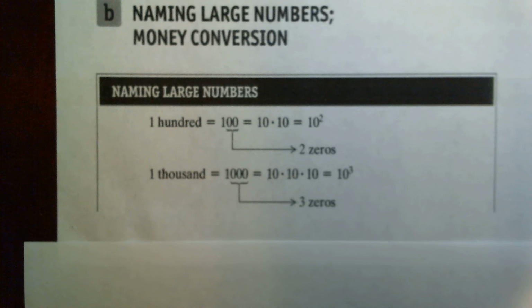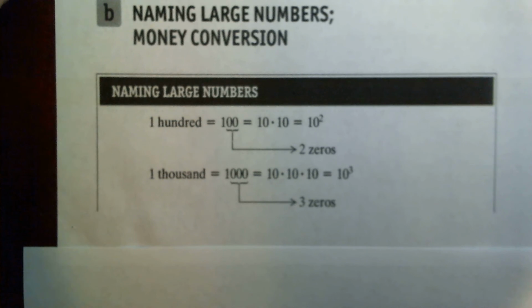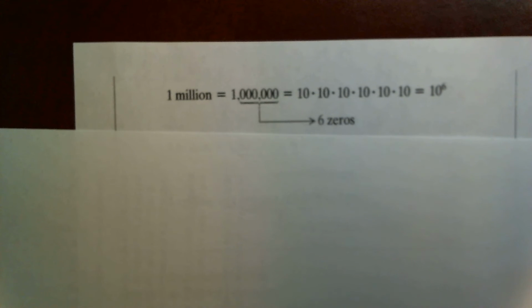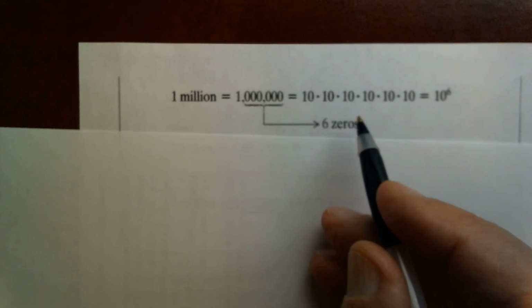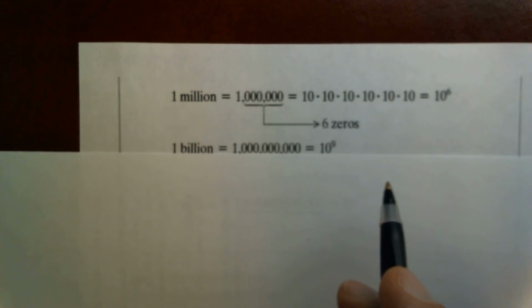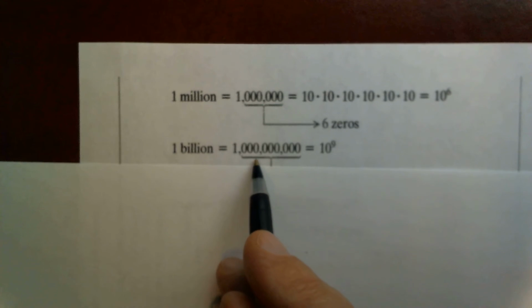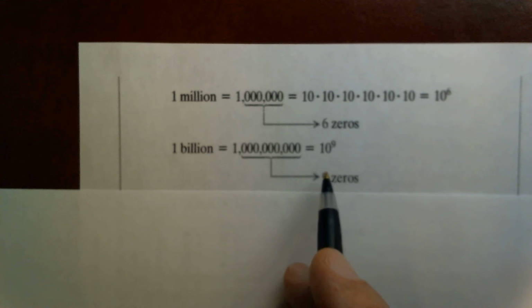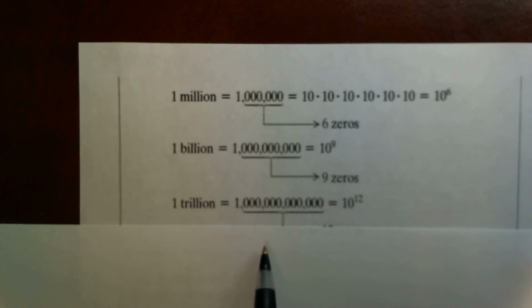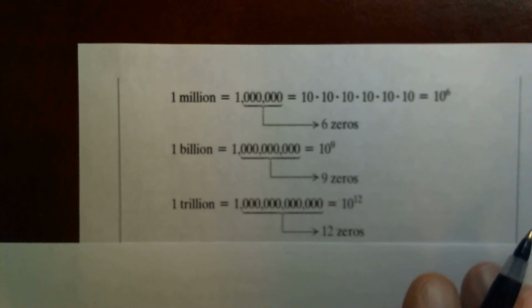So when we have a million, we have a 1 followed by 6 zeros. That's 10 times 10 times 10 times 10 times 10 times 10, or 10 to the 6. And then 1 billion has 9 zeros, or 10 to the 9. And then 1 trillion has 12 zeros, or 10 to the 12.